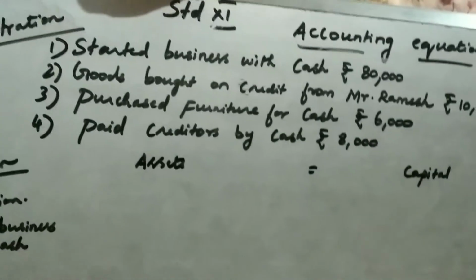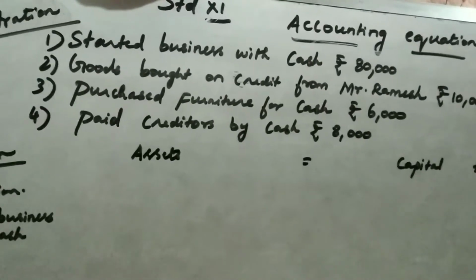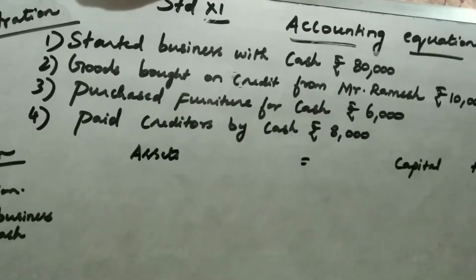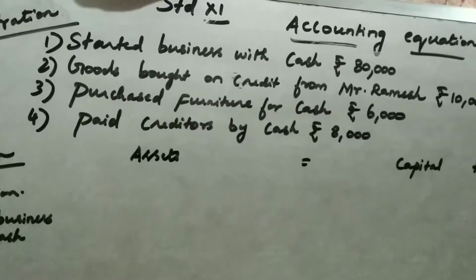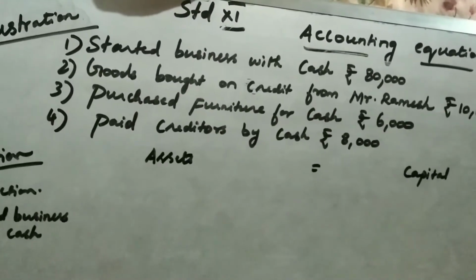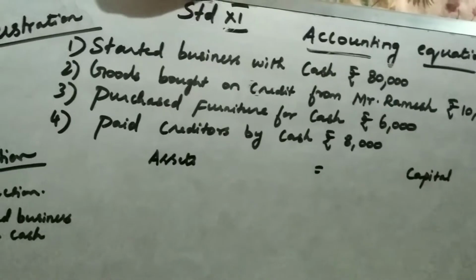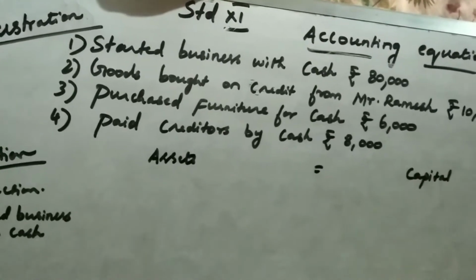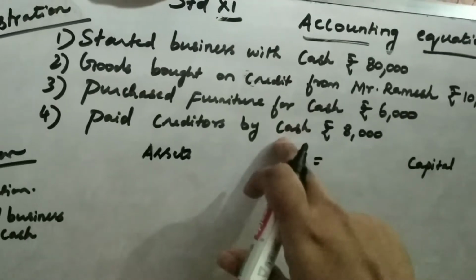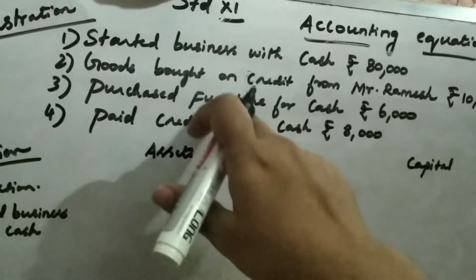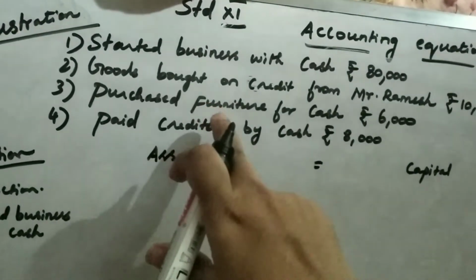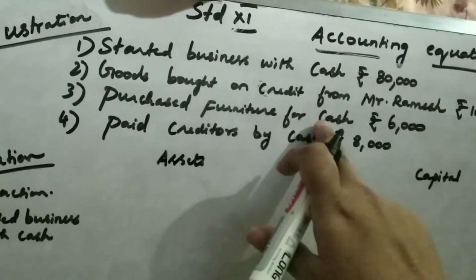Third transaction, purchase furniture for cash, 6,000. So, we are purchasing furniture for cash. When we purchase furniture, this asset is coming into the business. There is an increase in one asset and decrease in another asset: an increase in the furniture and decrease in the cash.